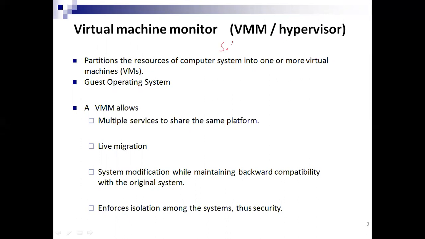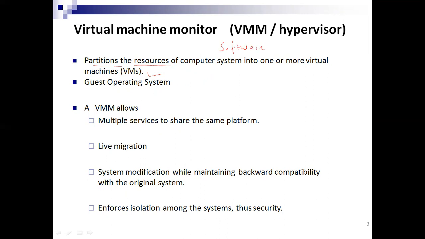What it does is securely partition the resources of a computer system into one or more virtual machines. So this is called a hypervisor. The role of the hypervisor is to partition the resources of a computer system into one or more virtual machines.